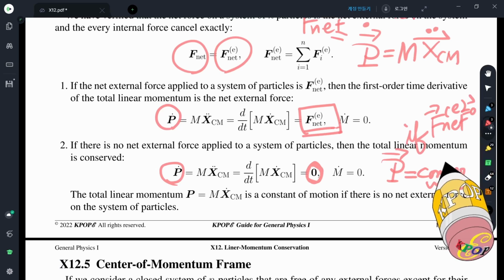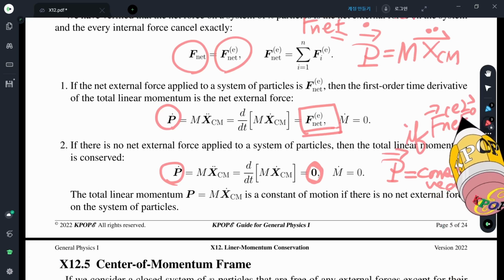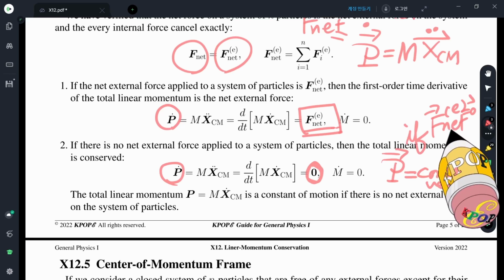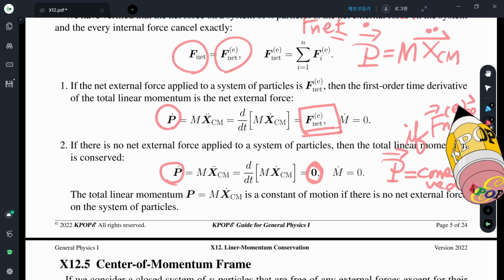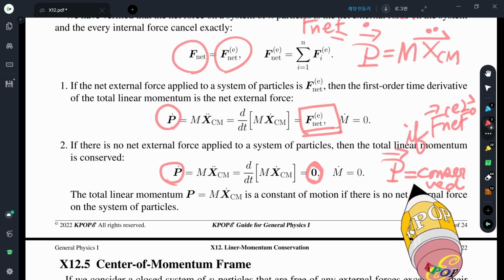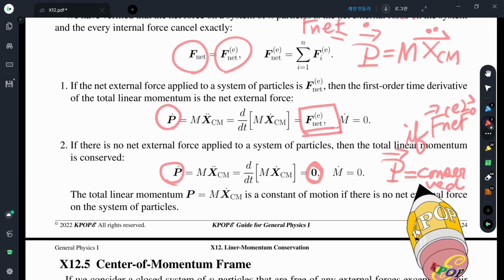Okay? So any interaction due to the internal force among the participants of a system of particles does not contribute to the change of the total linear momentum.